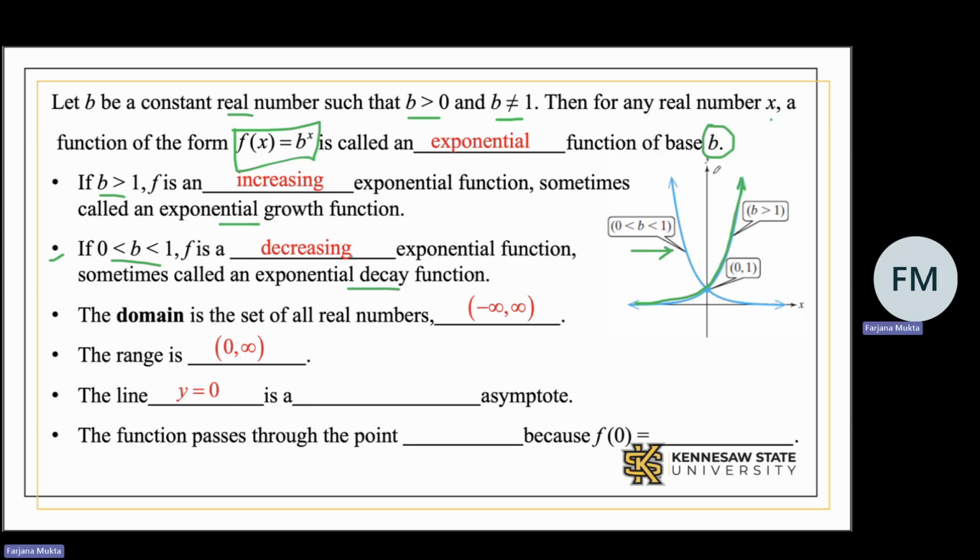The line y equals 0, this horizontal line, is a horizontal asymptote for the exponential function, and the function passes through the point (0, 1), because when the exponent is 0 the function value is 1. So an exponential function like this always passes through the point (0, 1).